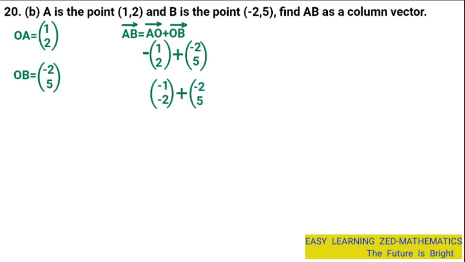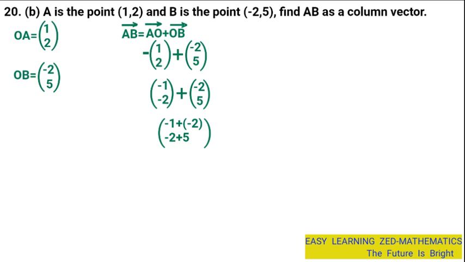Once I've done that, I'm going to add these two. I open a big bracket, then I say negative 1 plus negative 2, then negative 2 plus 5. Then close bracket.